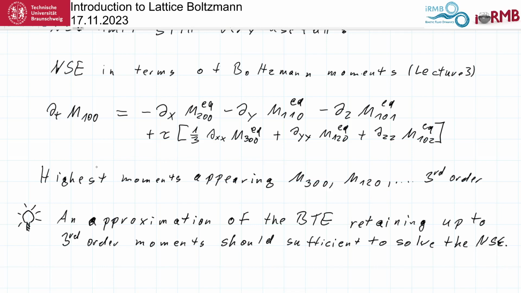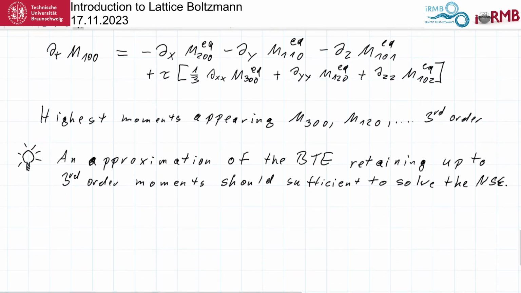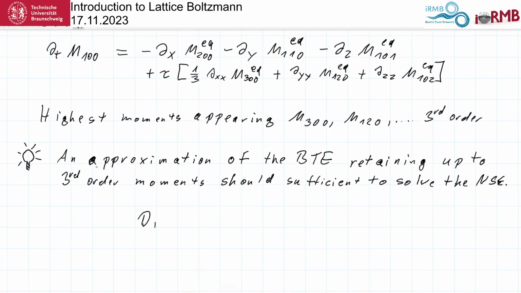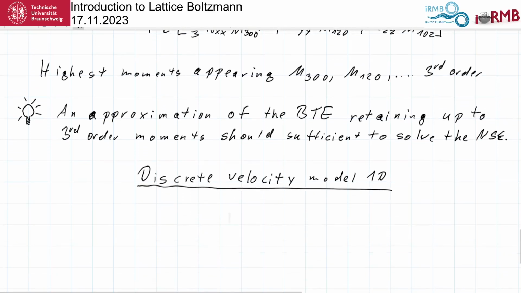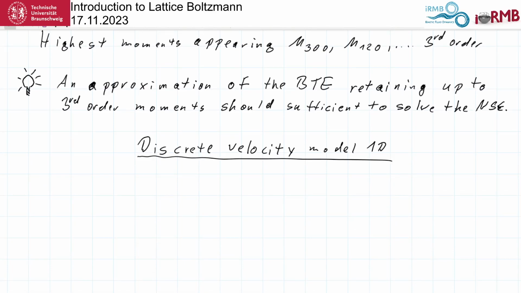Okay? So now we start this first in one dimension, and later, not today, we'll extend this to more than one dimension. So: discrete velocity model in 1D. The 1D case has the advantage that it is easy to draw in the form of a characteristic diagram.